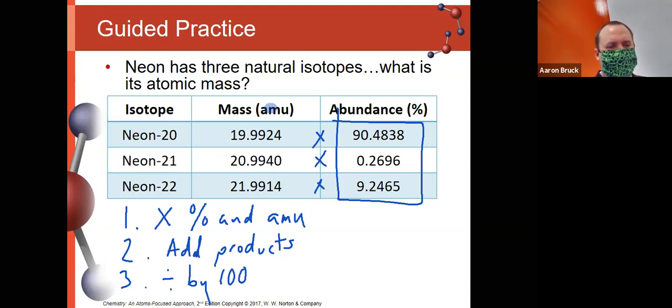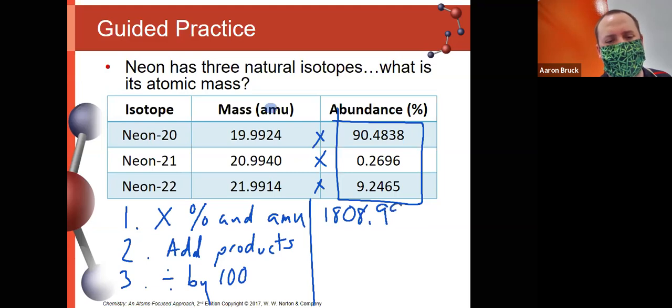So if I follow those steps here, 19.9924 multiplied by 90.4838, to 6 significant figures, gives me 1,808.99 AMUs.